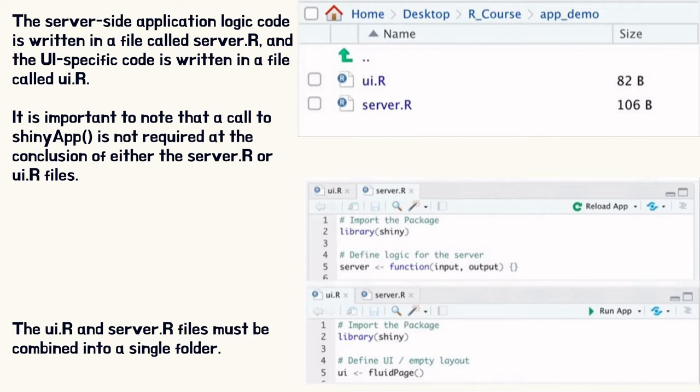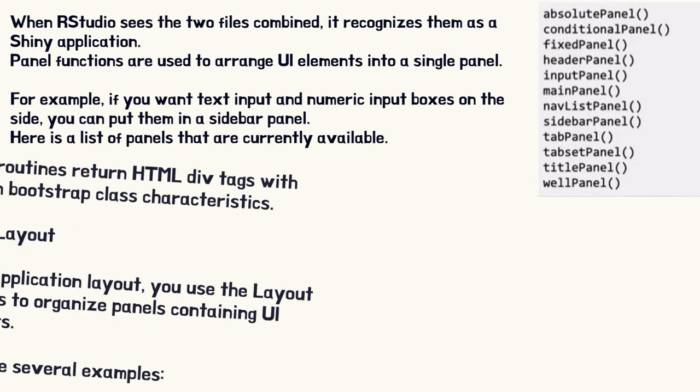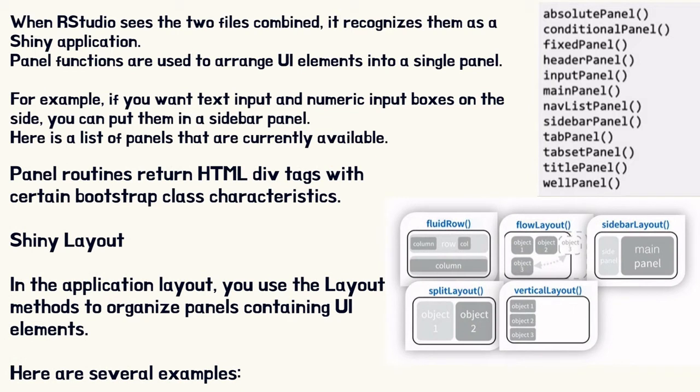It is important to note that a call to shinyApp is not required at the conclusion of either the server.R or ui.R files. The ui.R and server.R files must be combined into a single folder. When RStudio sees the two files combined, it recognizes them as a Shiny application.